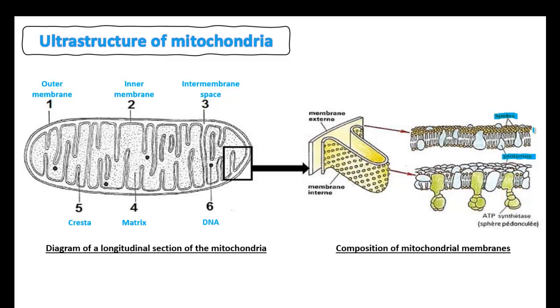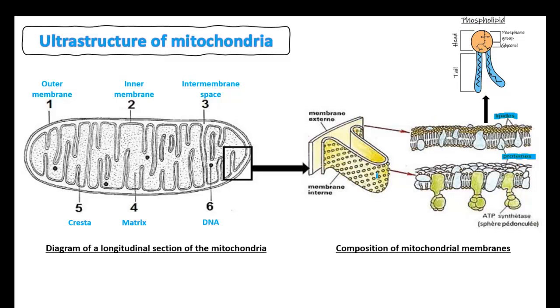The famous lipids that we can find in the outer membrane of the mitochondria and also in the membrane of the cell are the phospholipids. Phospholipids are made of two parts, the head, which is hydrophilic, and the tail, which is hydrophobic. In addition to the lipids, we can find proteins, especially the transmembrane proteins.